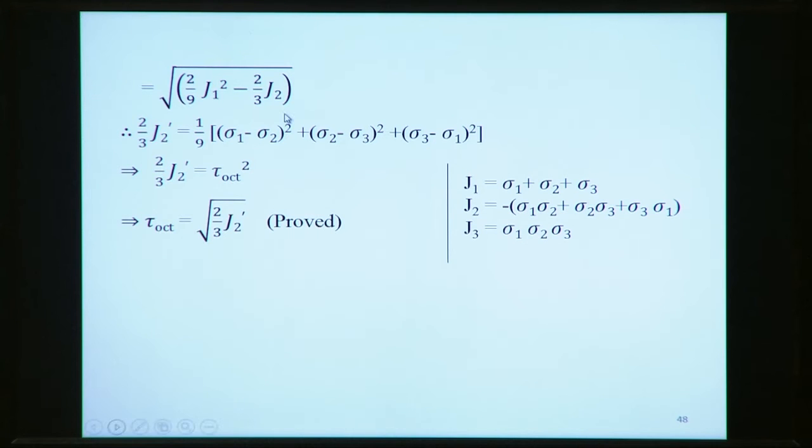We have already defined that here, and since this is the deviatoric part, 2/3 of the second invariant is equal to the tau octahedral stress. So here the tau octahedral stress is 2/3 of the second invariant. So we use this formula with J1, J2 and J3, that means all the three stress invariants.